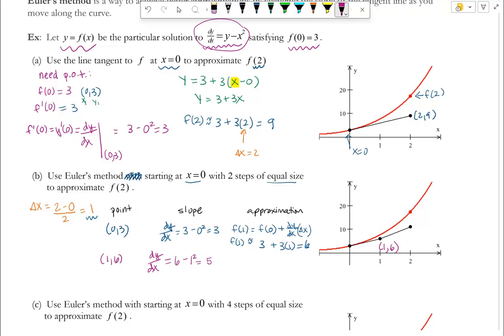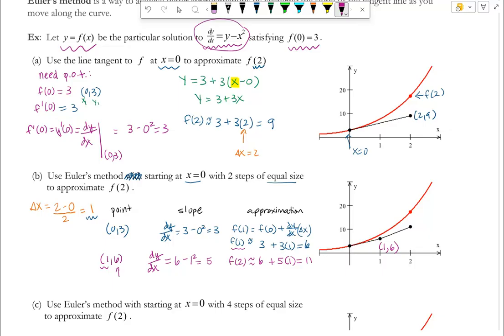It's still a linear approximation. Again, my delta x is 1, so I'm going to move over 1 from my input 1. When I find f(2), that's going to be my old y value, 6, plus my new slope times delta x. So 6 plus 5, I get 11.